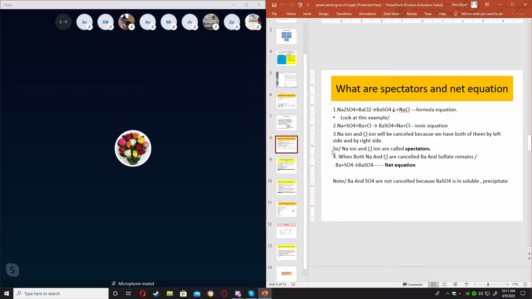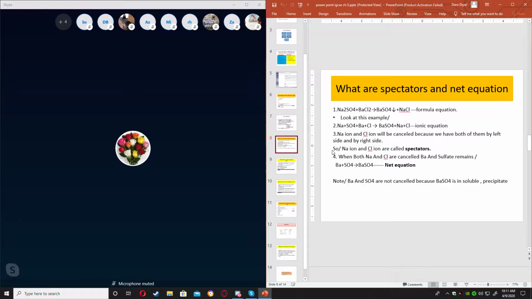So sodium and chloride are the spectators. If someone asks you what the spectators are, it is sodium and chloride. But because barium sulfate is insoluble, it will remain. It gives us barium sulfate, which we call the net equation.